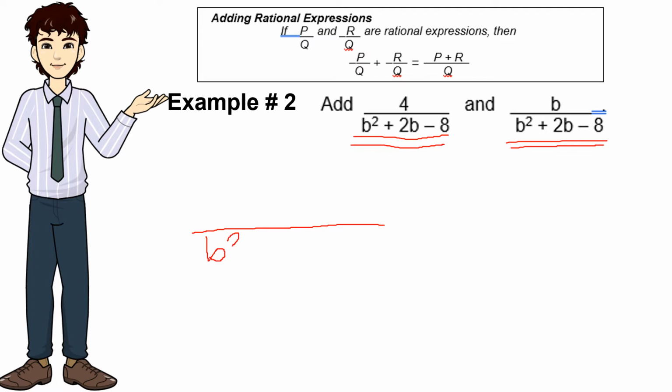Copy lang natin ang denominator, magiging b squared plus 2b minus 8. Then, a-add na natin yung nasa numerator. We have 4 plus b. So this is almost our answer.